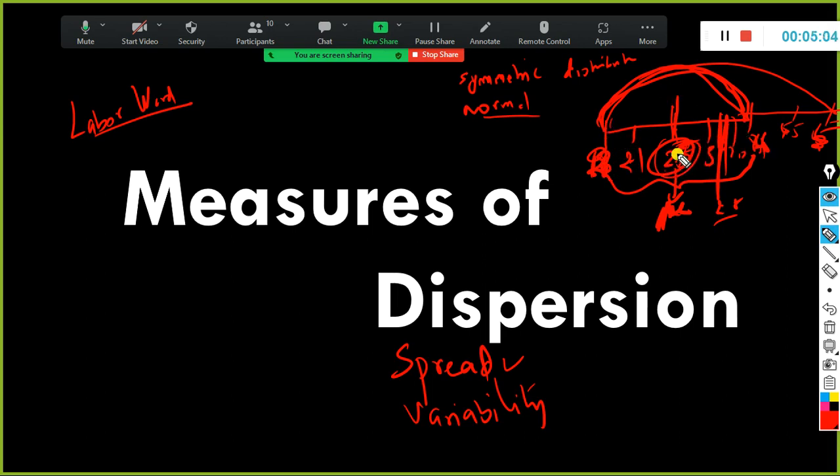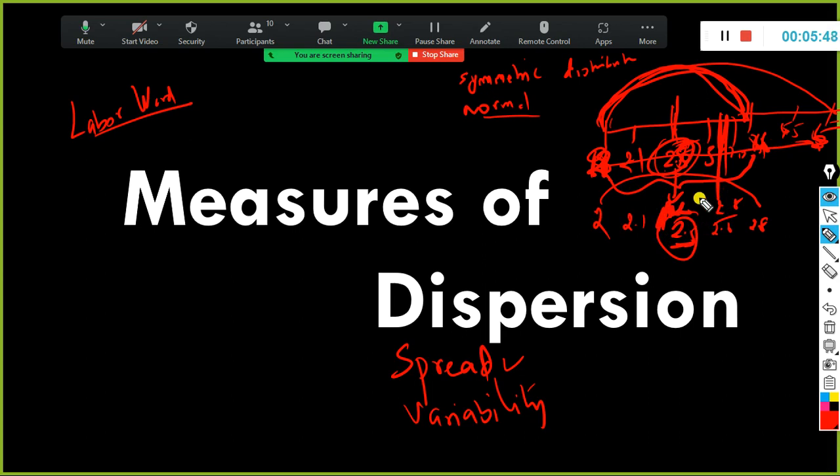Let's say 2.5 kg is the average weight, and the values are 2.6, 2.8, 2.1 or 2 kgs. Because almost all the values are closer to the mean, the distance is small, hence the mean represents the whole data. The lesser the spread, the more the mean represents the whole data. If the spread is too wide, you cannot use the mean to represent the whole data.